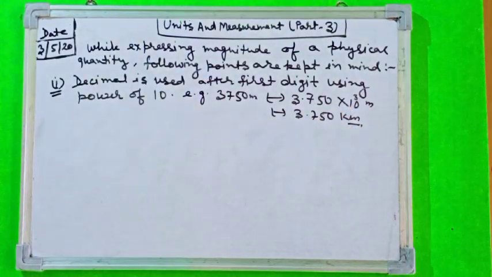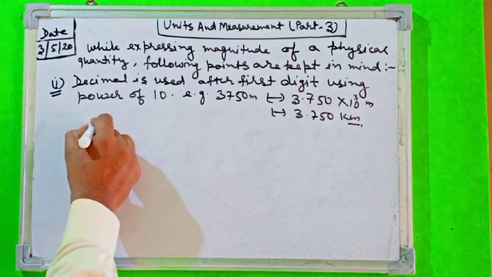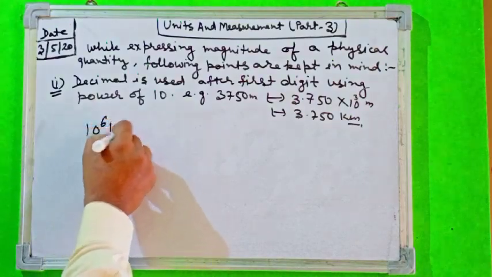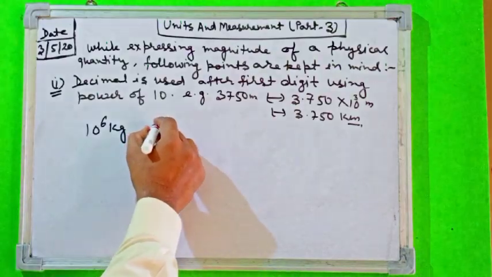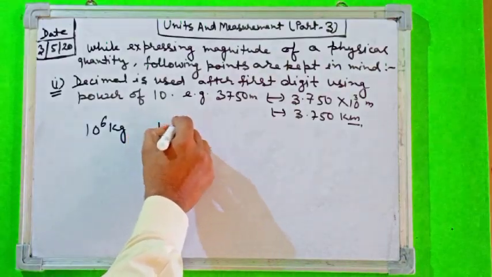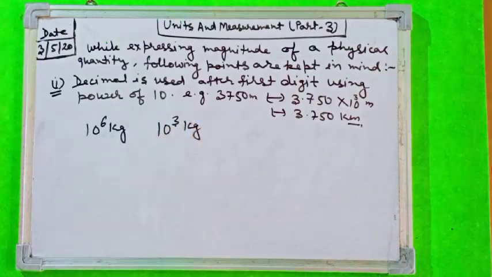Suppose I am telling about the variation of the mass of the earth to the mass of the moon, and let us suppose the mass of the earth is 10 to the power 6 kilogram and the mass of the moon is 10 to the power 3 kilogram, I am just supposing.